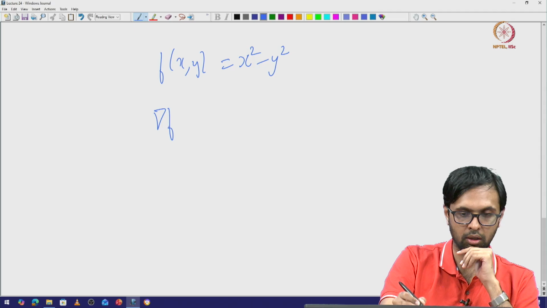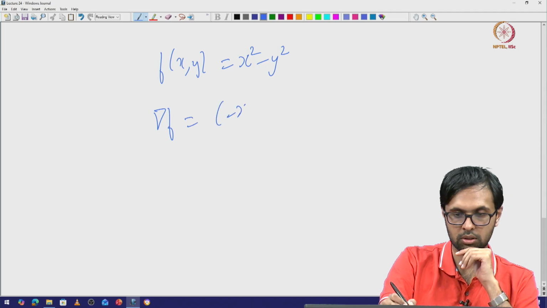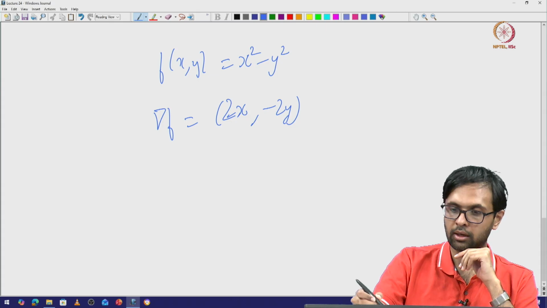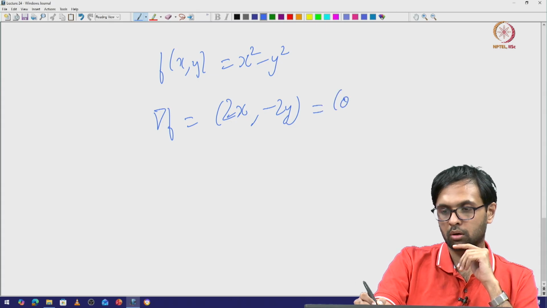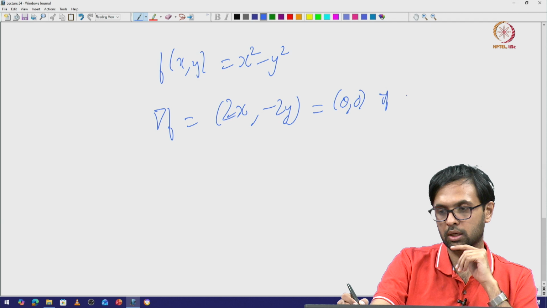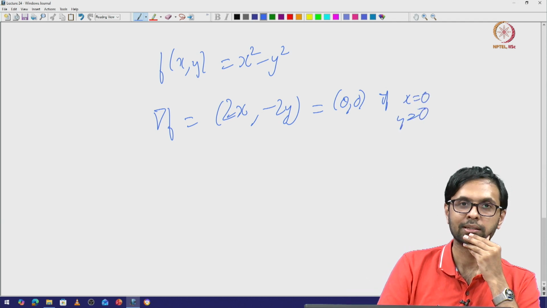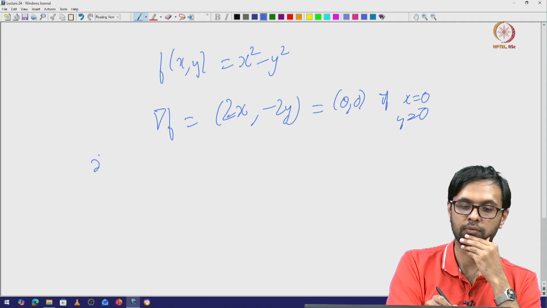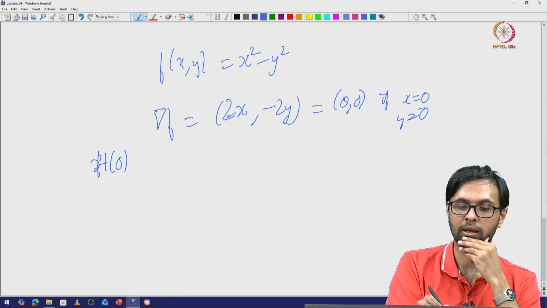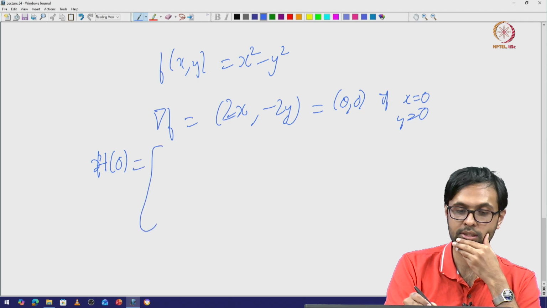So what's the gradient of f? That's 2x and minus 2y. When is it 0? It's 0 if x equals 0 and y equals 0. Now let's compute the second derivative, the so-called Hessian matrix of f, which I'm denoting as H of 0.